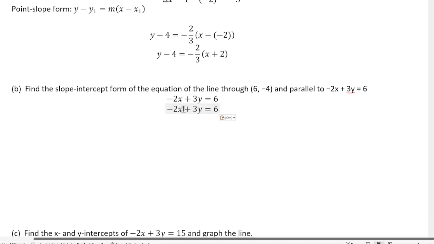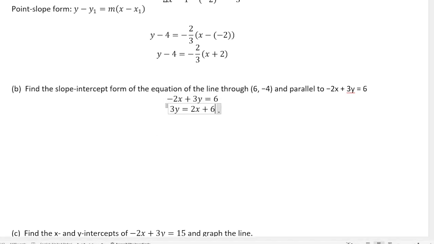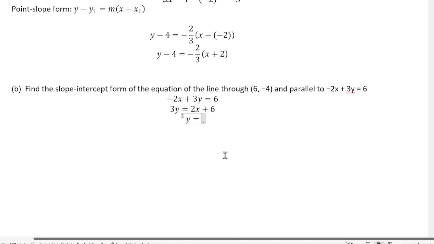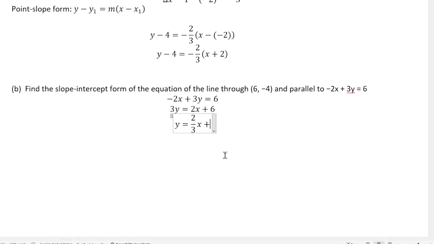The way you solve for y is by moving the -2x to the other side, so it's plus 2x. Let's put 2x plus 6. See, minus becomes plus if you move it to the other side, right? And then you divide by 3 and you get y equals 2 divided by 3 x, and then 6 divided by 3.